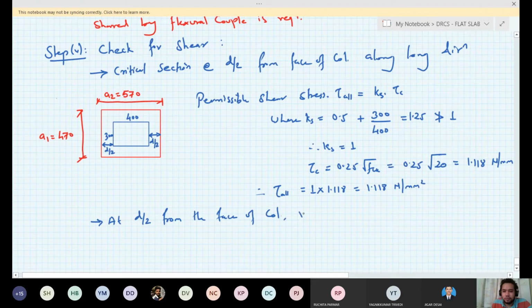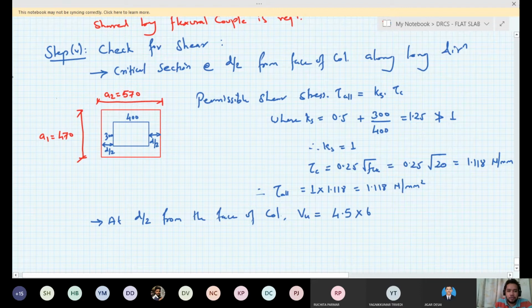The value of Vu will be 4.5 by 6, that is the width of the panel. See, our panel width is, this is 6 meter, and this is 4.5.